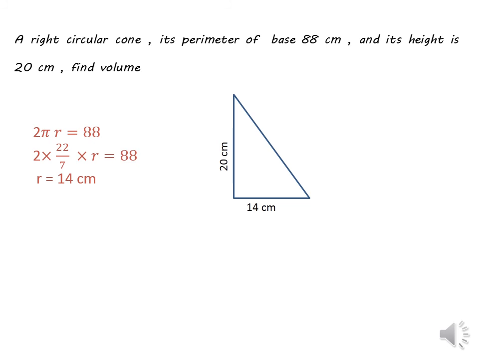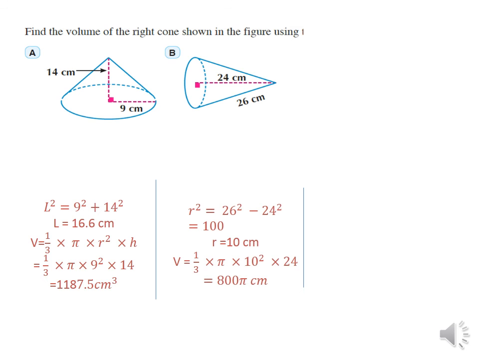Then we need to find the volume. The volume equals 1 over 3 pi r squared h, equals 1 over 3 times pi times 14 squared times 20, equals 4106.7 cubic centimeters.